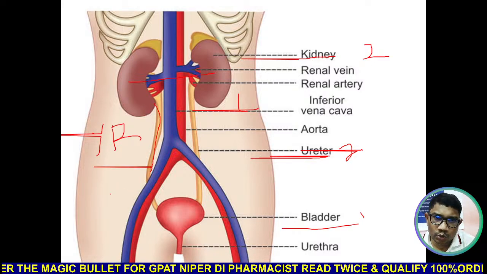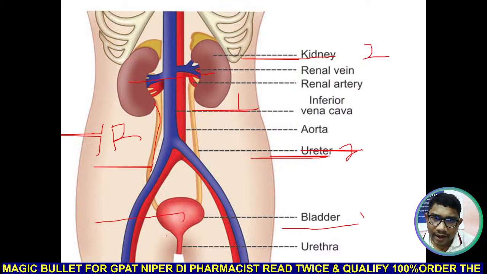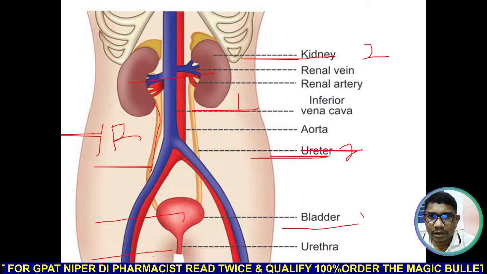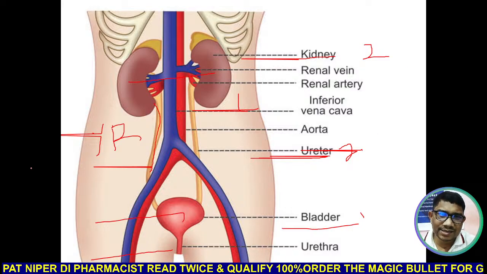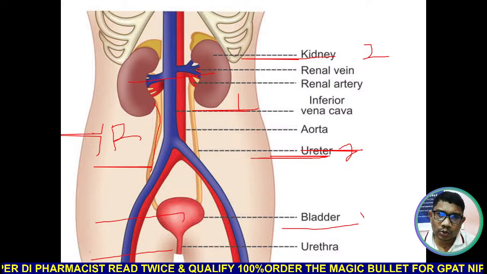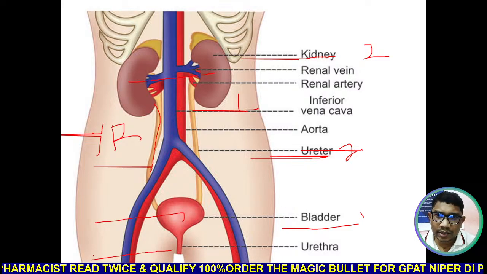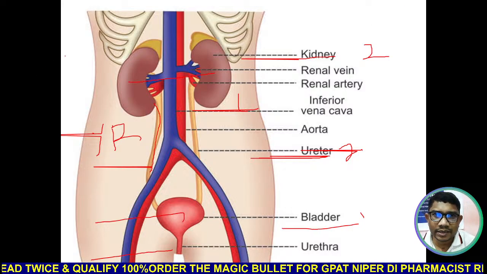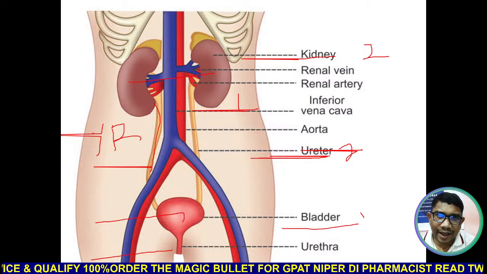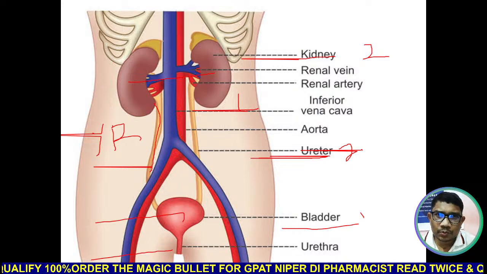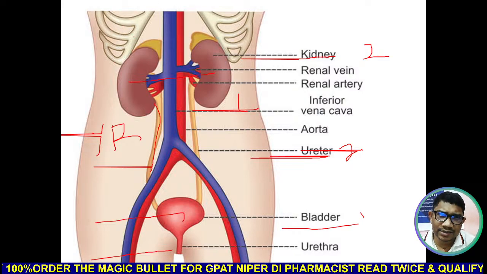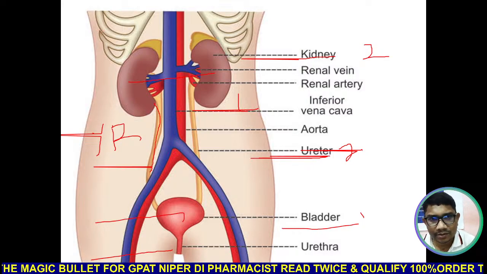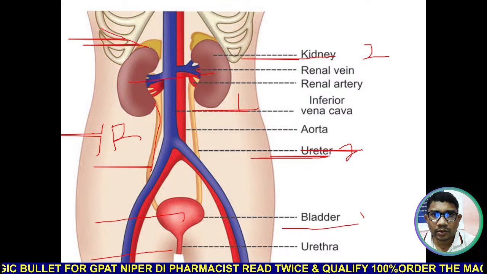So ureters are 2, bladder is 1, and the urethra is the last part of the urinary system. So these are the overall organs of the urinary system: 2 kidneys, 2 ureters, 1 urinary bladder, 1 urethra. Superiorly on each kidney you have the adrenal gland.